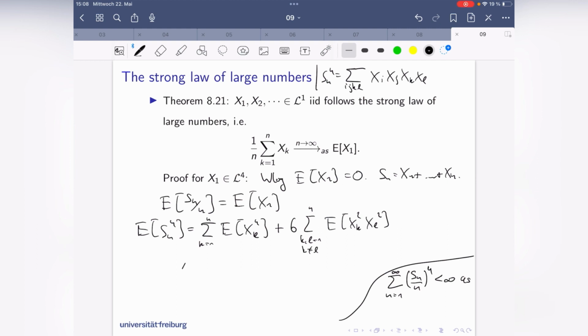And I can bound this here because of Cauchy-Schwarz. I know that this here is smaller or equal than the expectation of xk to the power of 4.